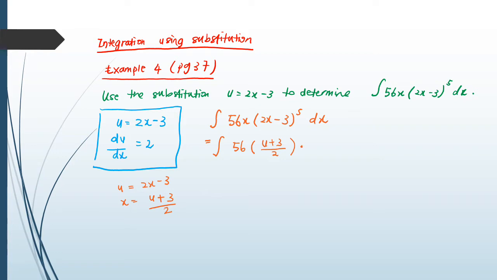What about (2x minus 3) to the power 5? This should simply be u to the power 5. What then is with dx?